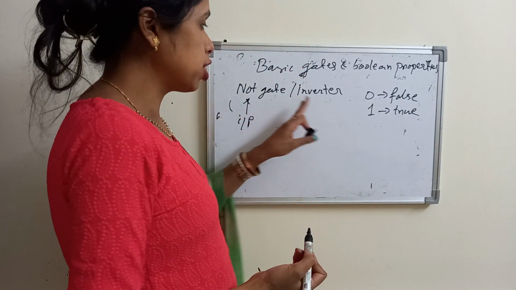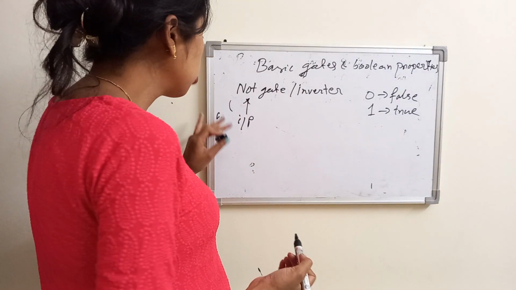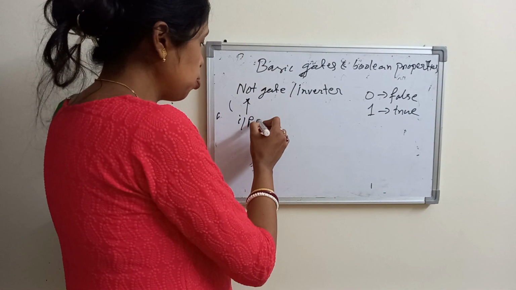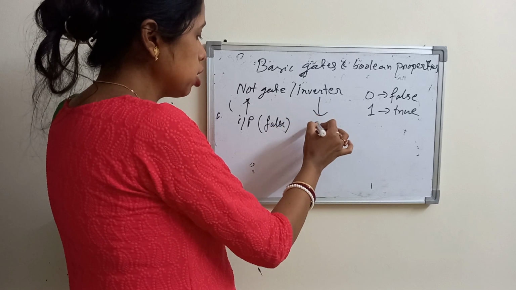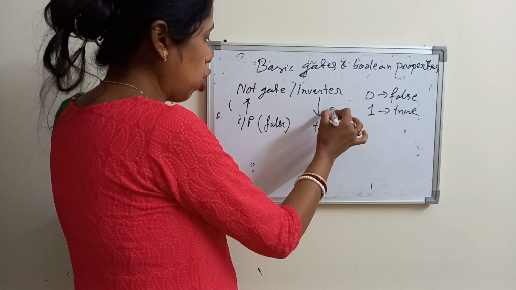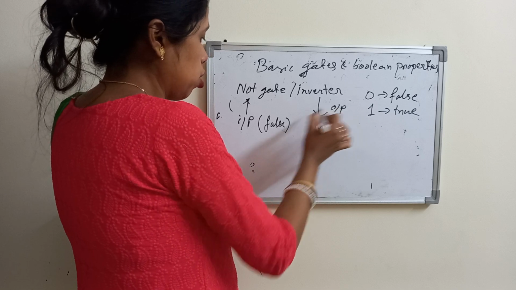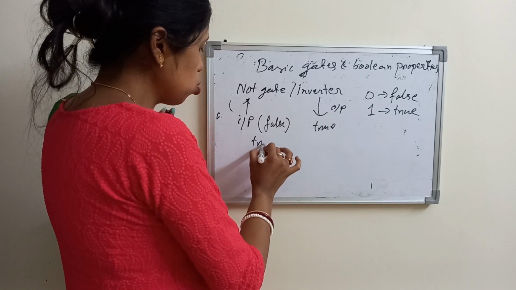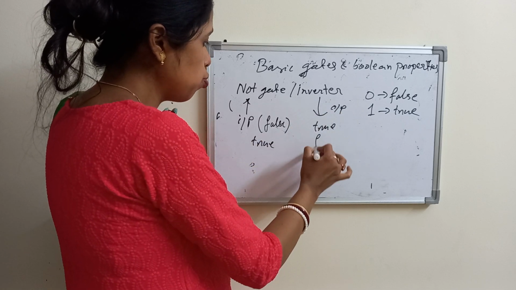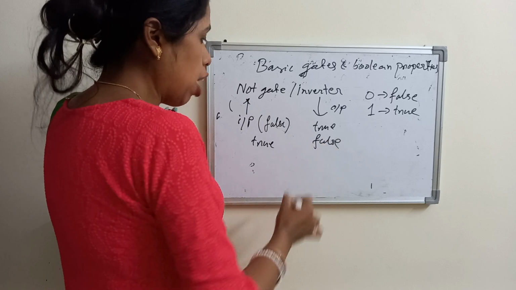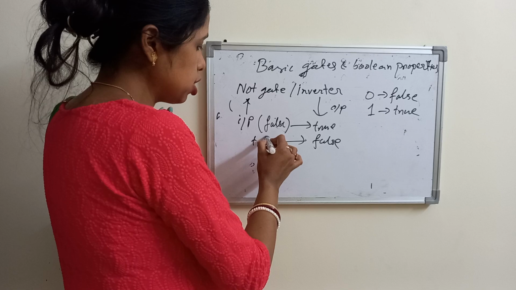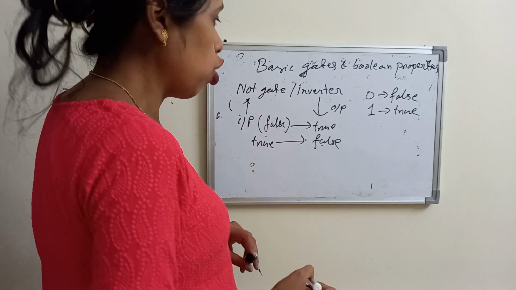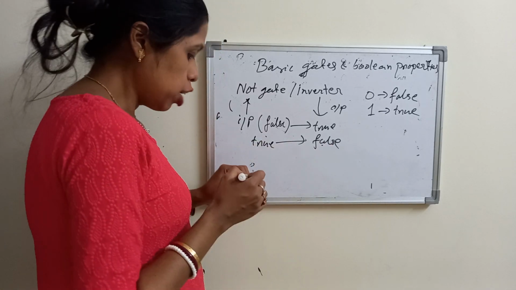The NOT gate acts as an inverter. If you give false as input, you will get true as output, and if you give true as input, you will get false as output. This is the NOT gate.